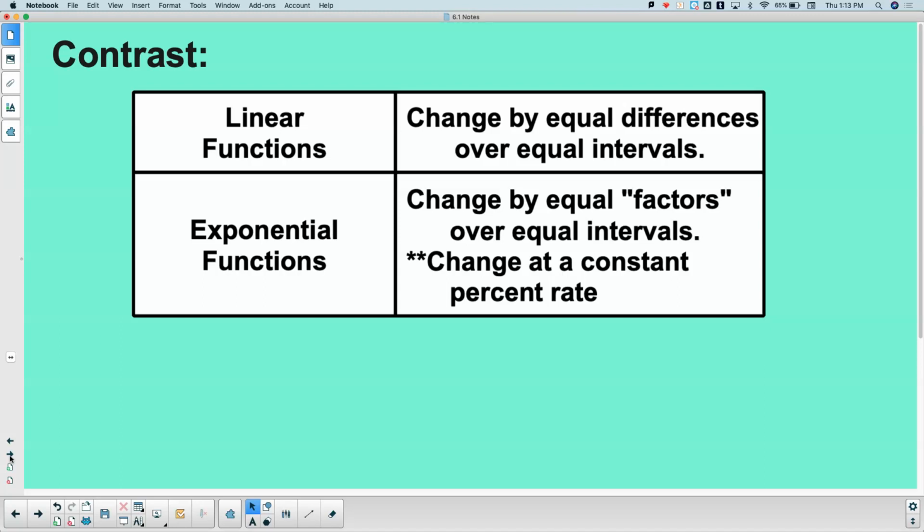If it's an exponential decay function, the change gets smaller the farther out you go. But the change is changing. And it's usually changing at a percentage. And we'll get into that a lot more next week when we get word problems. But for right now, the change changes.